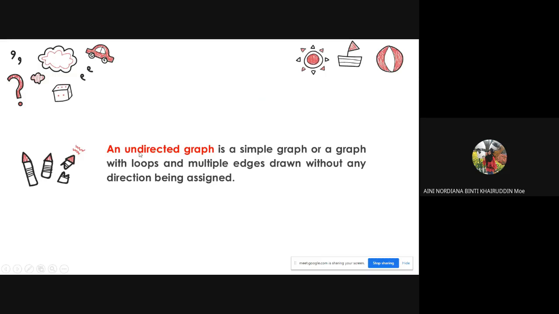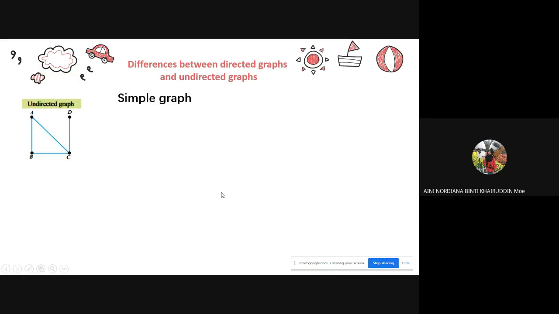So an undirected graph is a simple graph, or a graph with loops and multiple edges, drawn without any direction being assigned. Okay, this is what we learned before. Undirected graph: the V is A, B, C, D, and the E is AB, AC, BC, and CD.